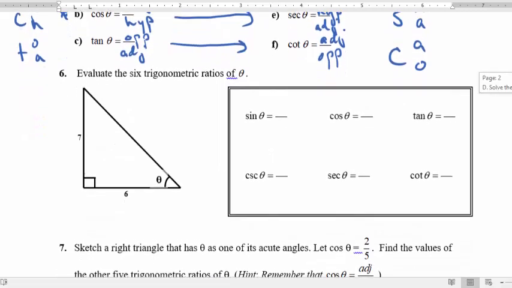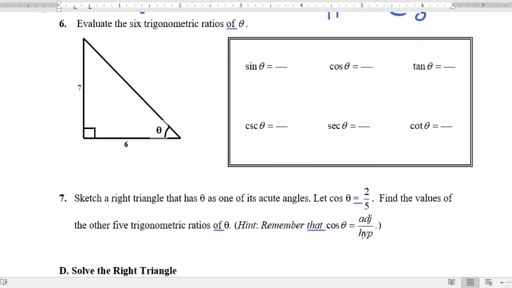So if we're given a triangle, here's your angle theta, there's your opposite, which is 7, your adjacent, which is 6, and your hypotenuse here, which we don't know, but we can find it using the Pythagorean theorem, right? So the hypotenuse is just going to be 7 squared plus 6 squared equals the hypotenuse squared, right?